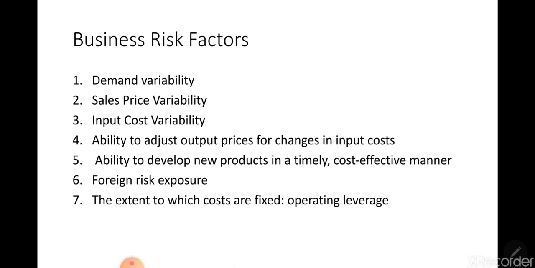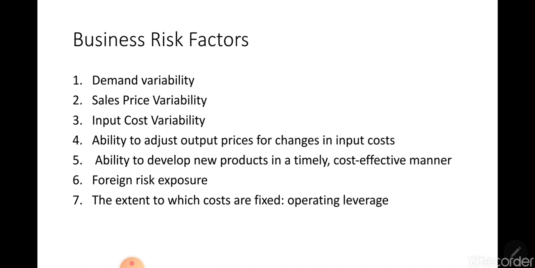Then number two is sale price variability. Firms whose products are sold in highly volatile markets are exposed to more business risk. So if the sale price fluctuates a lot, of course that business will have high risk. Number 3 is input cost variability. If the input cost keeps on fluctuating, again the business will have more risk.